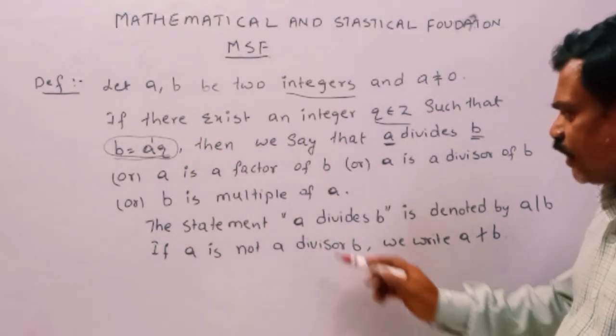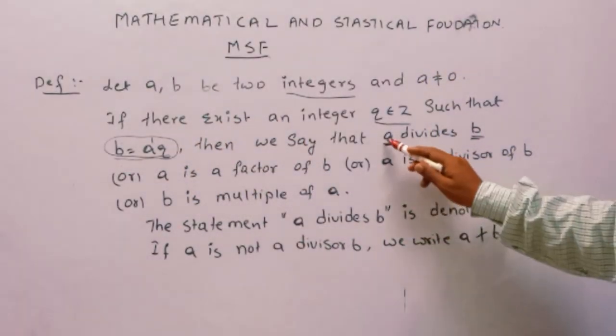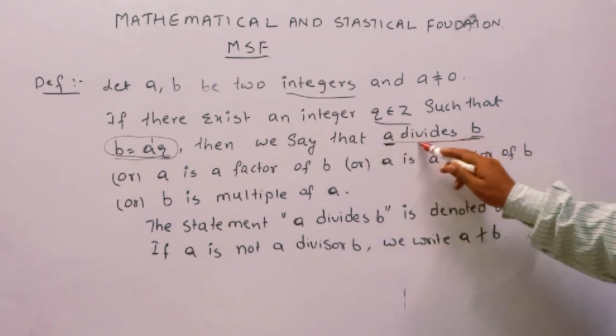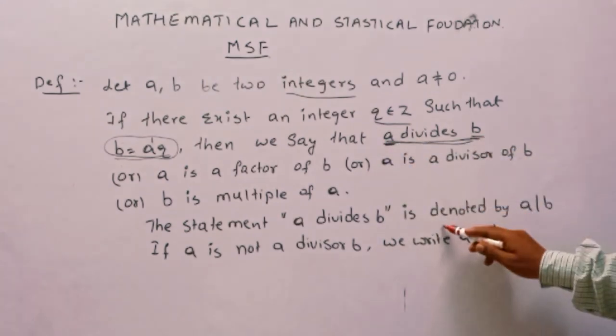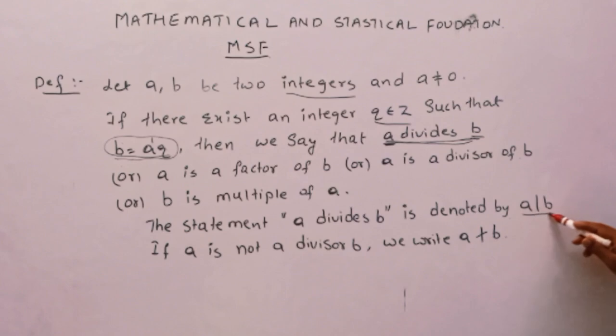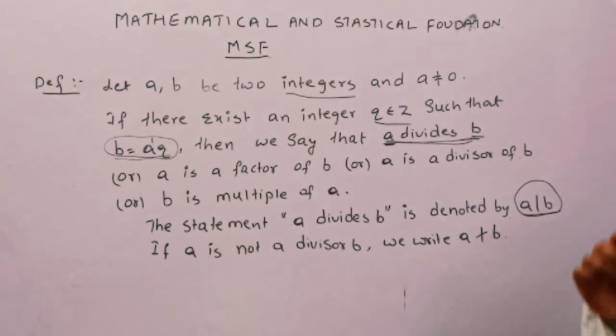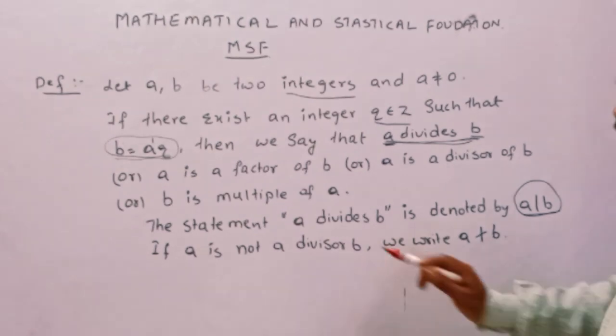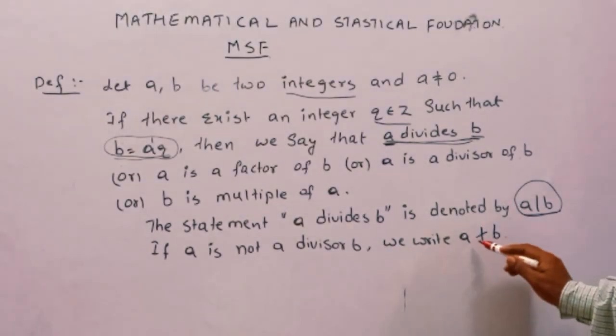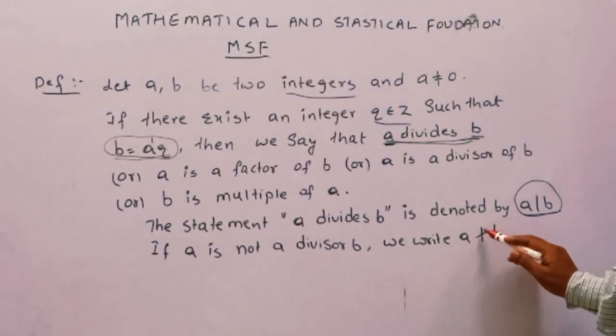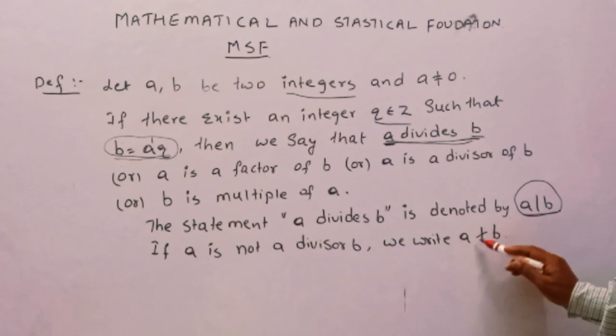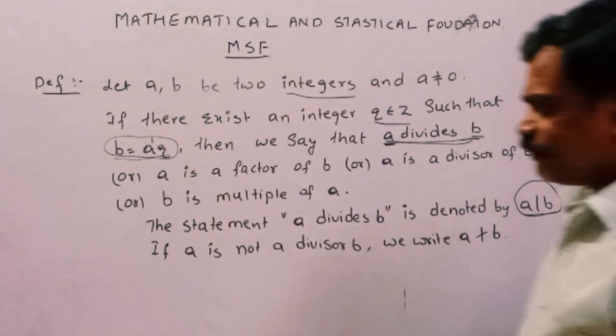The statement a divides b is denoted like this: a | b. If a does not divide b, we write a ∤ b.